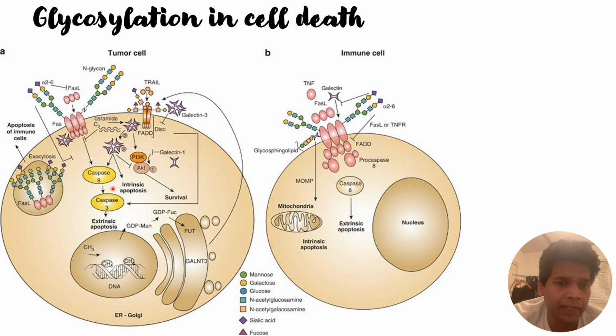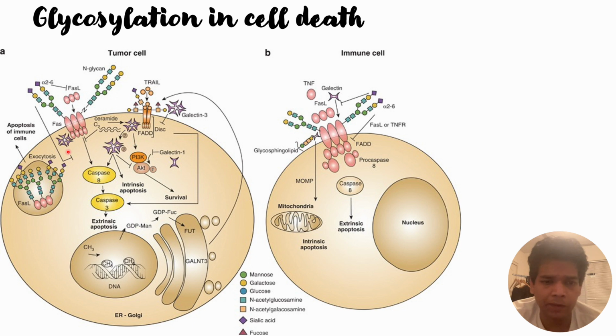On the other hand, galectin 3 has also been found to attenuate extrinsic apoptosis by dysregulating the FAS downstream signaling pathways by interacting with the ligand that is present on the intracellular part of FAS.